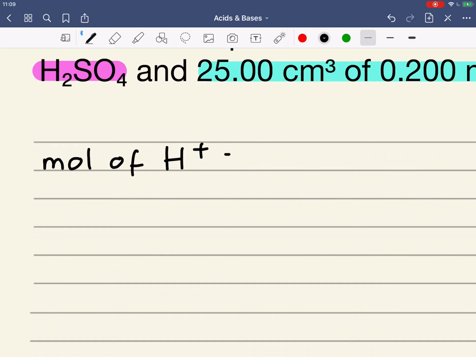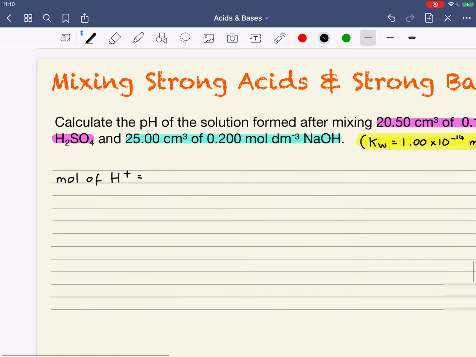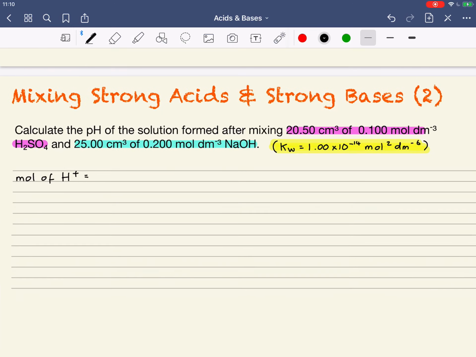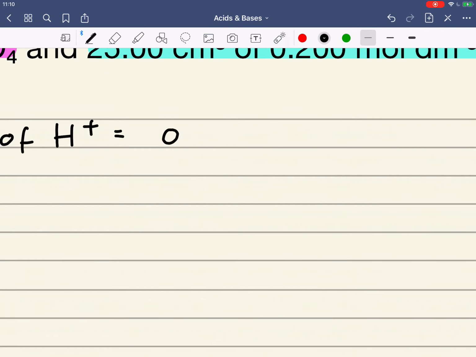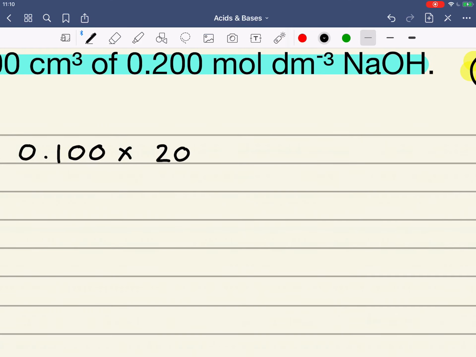We can see here now, I've got sulfuric acid, which is a diprotic acid. So remember that the concentration of hydrogen ions is going to be double the concentration of sulfuric acid. The number of moles of hydrogen ions, therefore, is going to be double the number of moles of sulfuric acid. So the concentration is 0.100 times the volume, which is 20.50 times 10 to the minus 3.